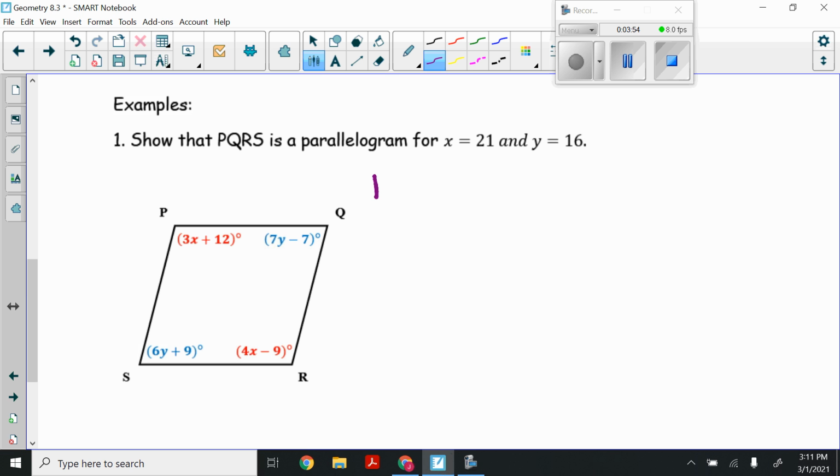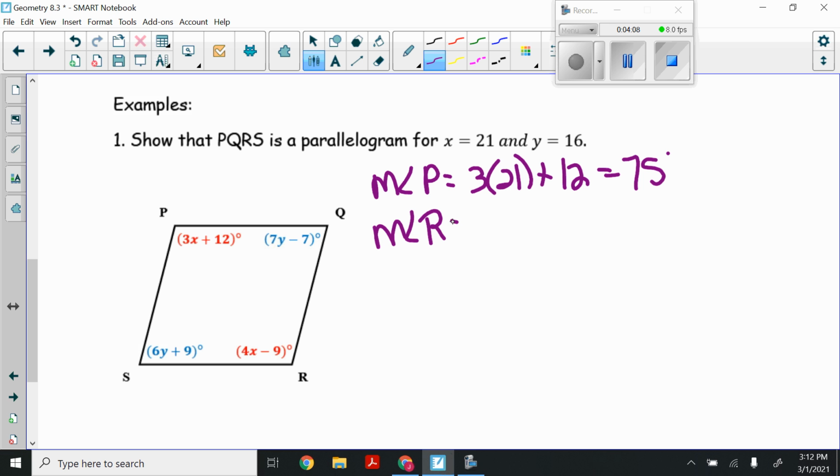So I'm going to put the measure of angle P is equal to 3 times 21 plus 12. So 3 times 21 plus 12 equals 75 degrees. So now the measure of angle R, they tell me it's 4x, but x they tell me is 21, minus 9. 4 times 21, all of that minus 9 is 75 degrees.